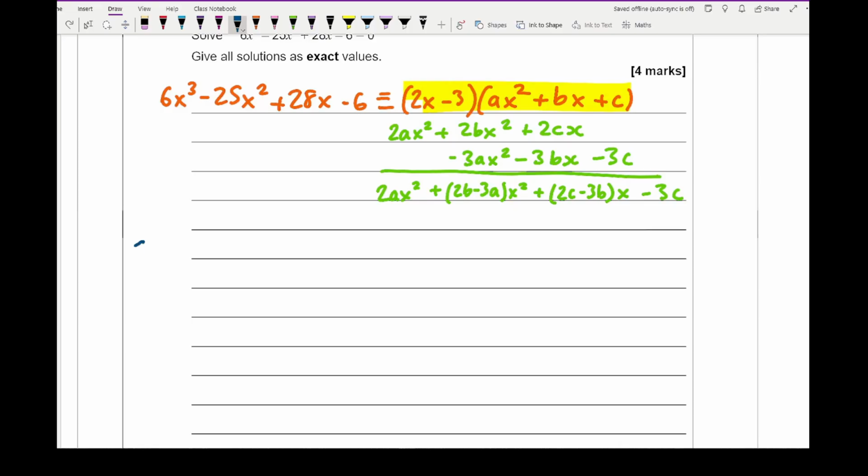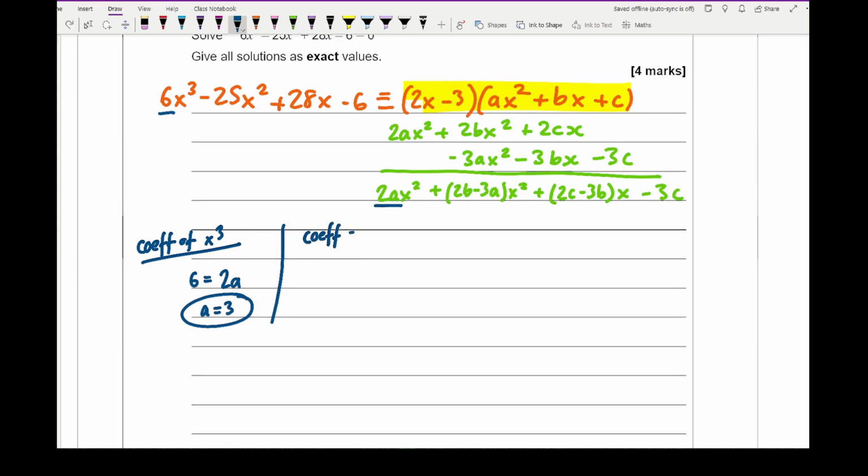So looking at the coefficients of x cubed, on the left hand side we've got 6, and on the right hand side we've got 2a. So that means that a equals 3. So that's one of my values. Then looking at the coefficients of x squared, on the left hand side we've got minus 25, and on the right hand side we've got 2b minus 3a.